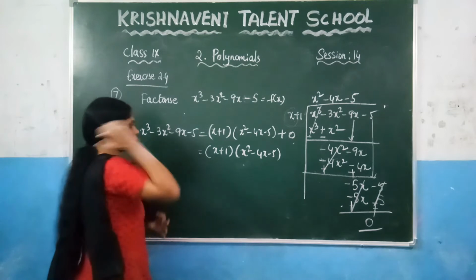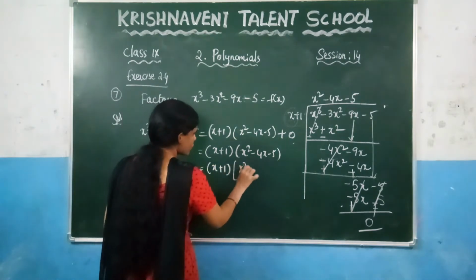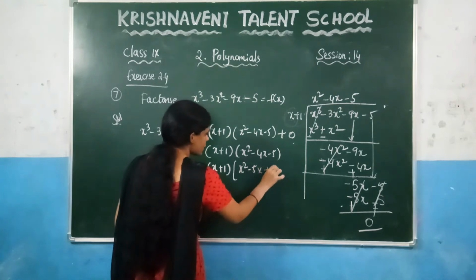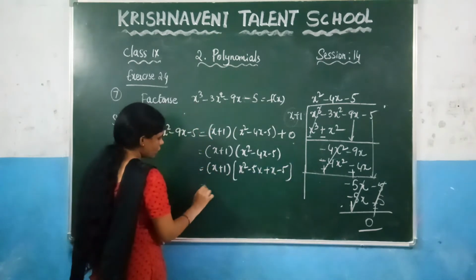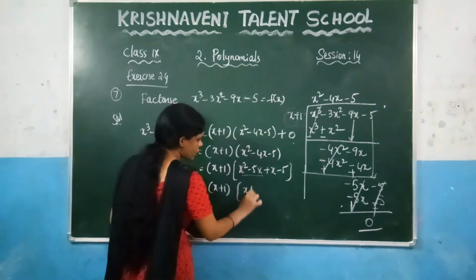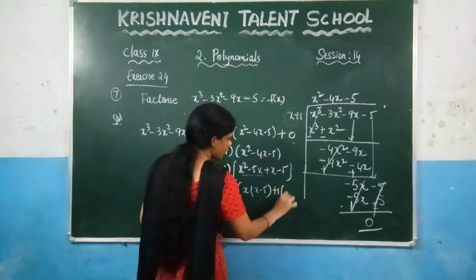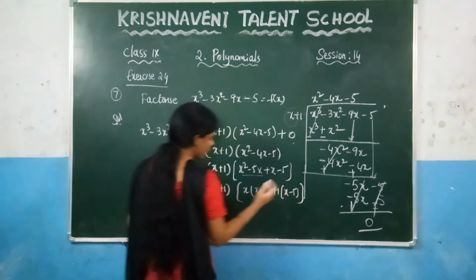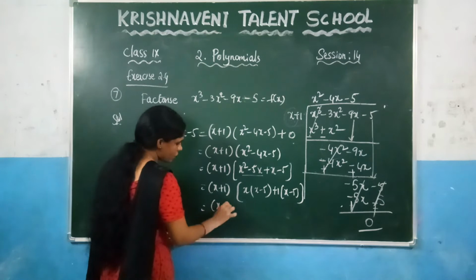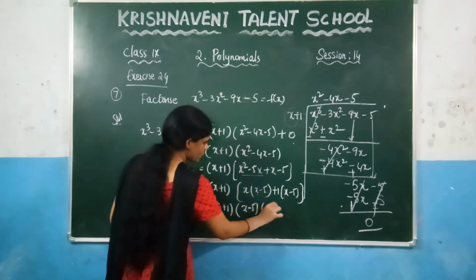Just now we have done, so I am writing x plus 1 into what are those factors, which is minus 5x plus x minus 5. So which is equal to x plus 1. In these two terms you can take x common. So what will be left out here, x minus 5, and you can take 1 common, x minus 5. So x plus 1 into what is left out here, x minus 5 into x plus 1.